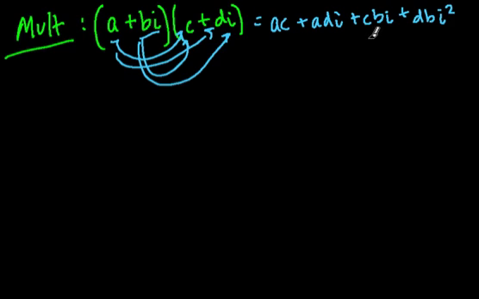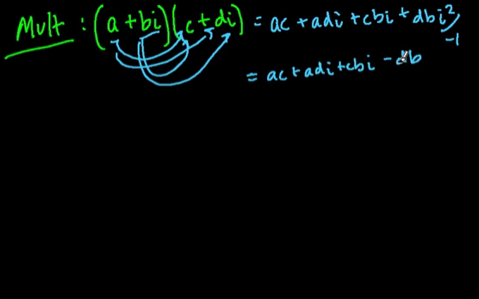We can simplify this a little bit. Here we have ac plus adi plus cbi minus db, because i squared is just equal to negative 1, and negative 1 times db is minus db. So instead of adding a negative db, we could just subtract db.